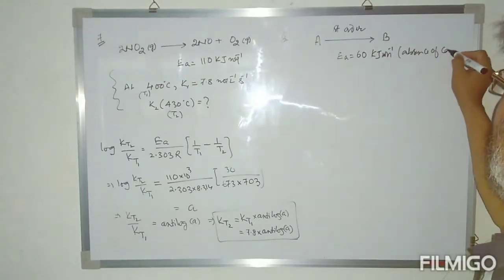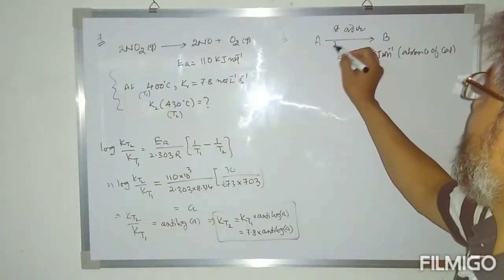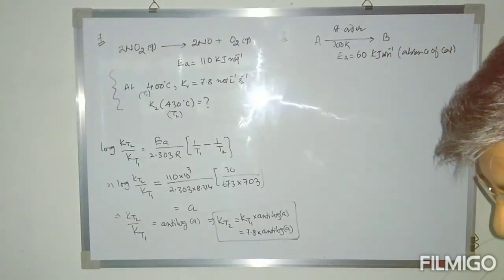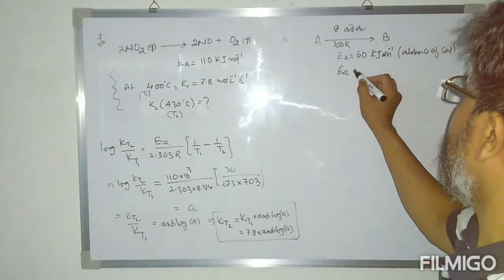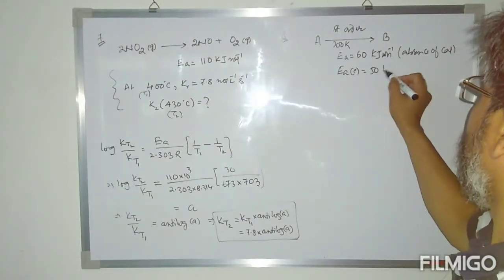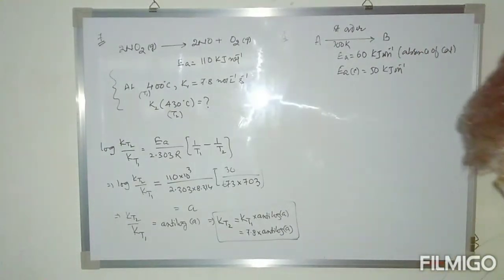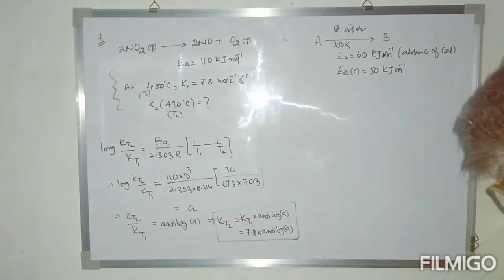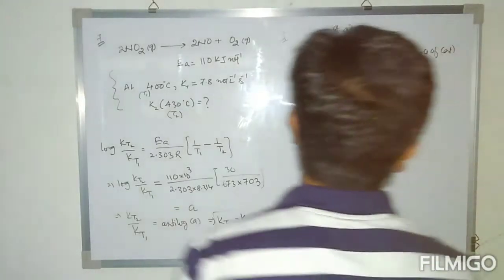This reaction is carried out at 300 Kelvin. Now, in the presence of catalyst, activation energy decreases to 50 kilojoule per mole. The question says, how many times the rate of reaction changes in the presence of catalyst at the same temperature?